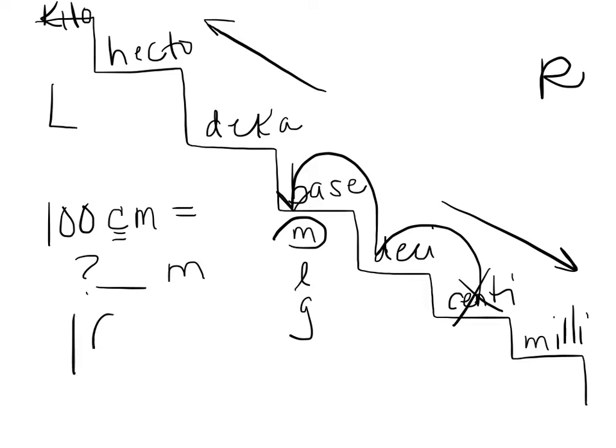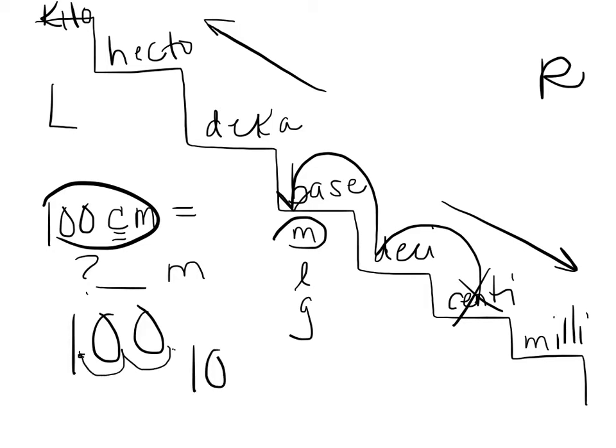So I take this 100 that I had in this problem, and the decimal was here, because you know if there's no decimal, it's at the end of the number. And I have to go to the left 2. 1, 2. So 100 centimeters equals 1 meter. See? 1.00. So that's how you would figure that out.